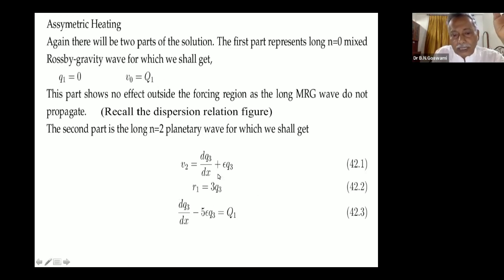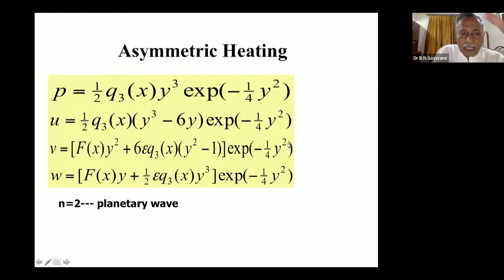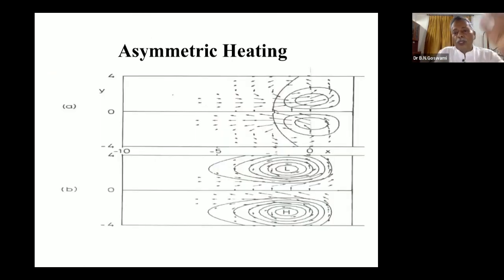So the only response that we get is from this n equal to 2 planetary wave response, and that will give me the other things. And when you combine these two, we get a response as something like this. So here there is no response to the eastward side at all. From the forcing side, it cannot produce a Kelvin wave response.